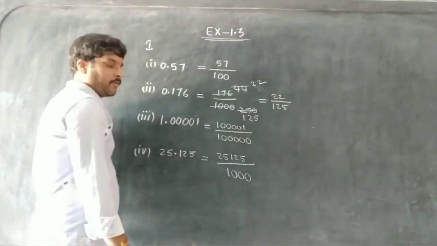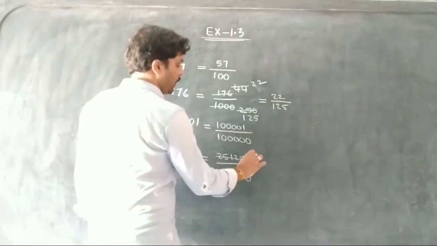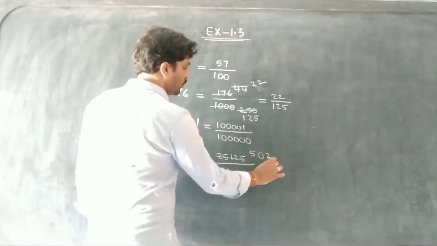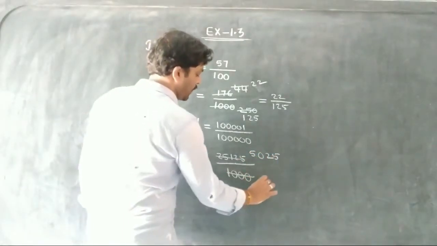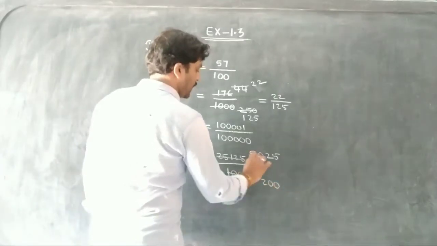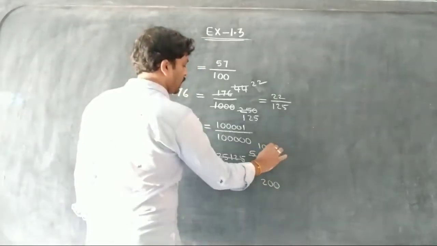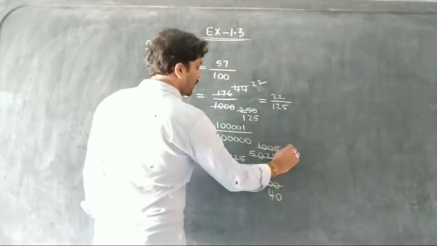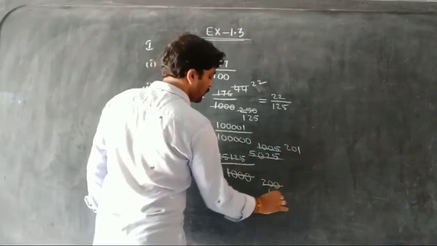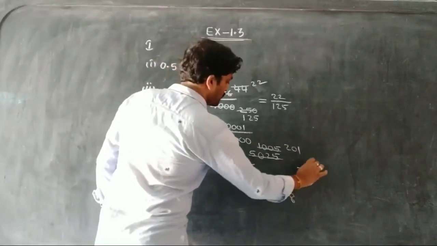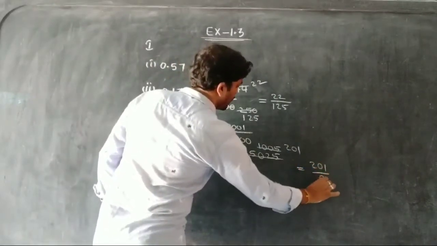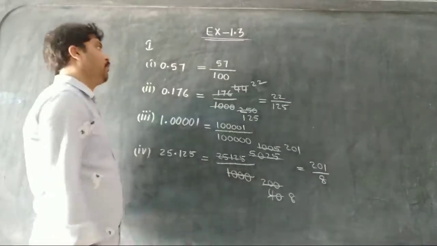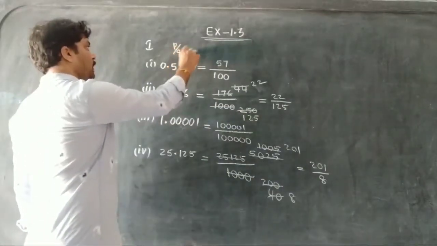It is cancelled by the 5 table: 5 5s are 25, 5 10s are 50, 5 2s are 10, 5 1s are 5, 5 8s are 40. So 201 by 8. This is expressed in the form of p by q.